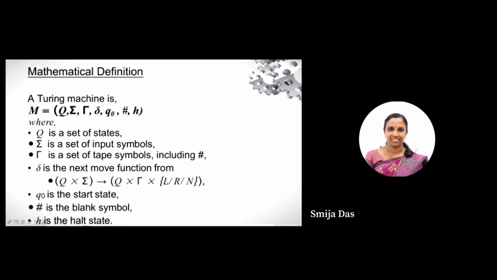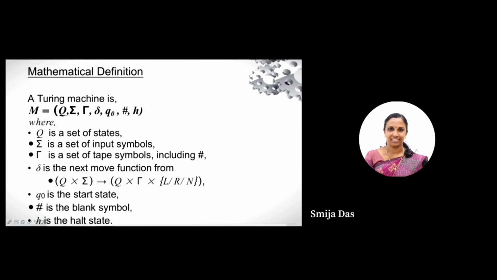Next, q0 is the start state from which the processing of the string starts, and hash is the blank symbol, a special symbol which is filled in the last portion of the input tape, that is, after the input string it is filled with the blank symbol.